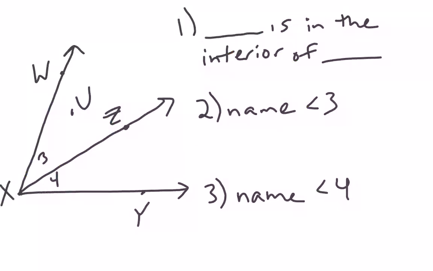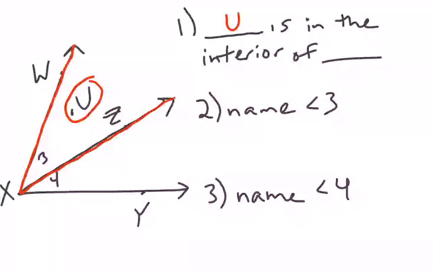So when we talk about something being on the interior, you're looking for a point. This is in the top right. You're looking for a point on the inside of an angle. So I see that U is in the interior of this angle right here. Could I do that bigger angle? Sure.